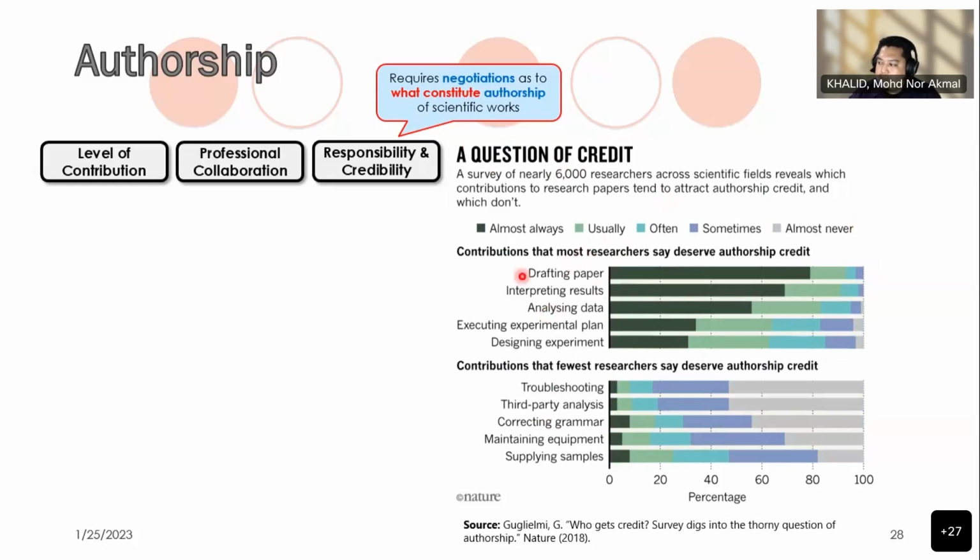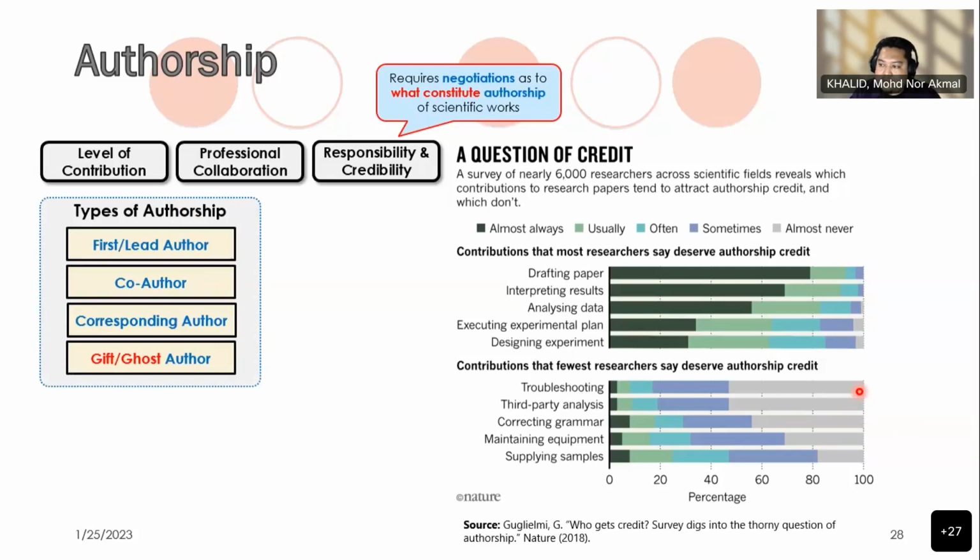Usually the people on this top part should be the authors. But the bottom one might not be, but it depends. Sometimes they are still included because they are regarded as important people within the research work. Because in computer science, maybe a programmer can be a co-author because the programmer allows the experiment to be done, right? So in a way, not always.